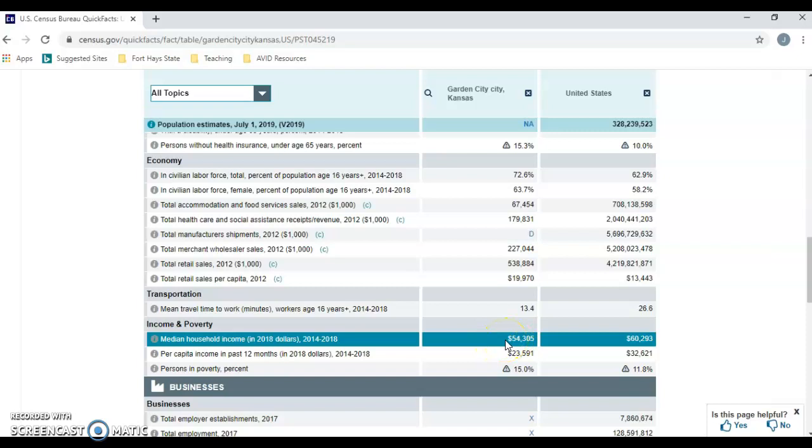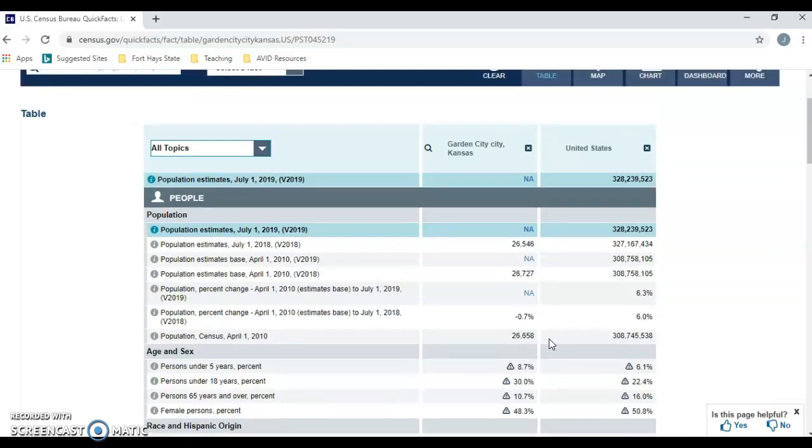In comparison to the United States, we notice that it is a little bit lower, and we could make the inference that our housing prices or our cost of living here is also lower than that of the general United States.